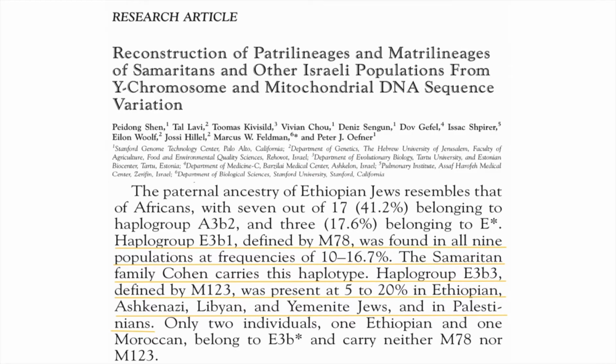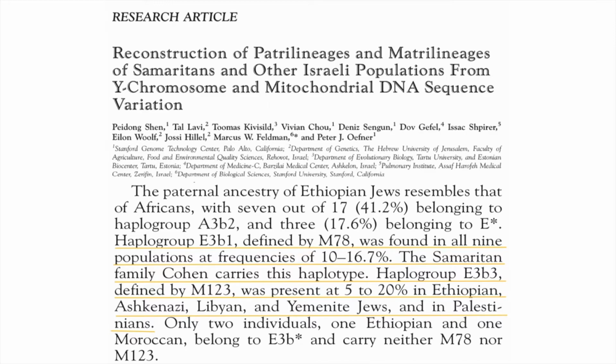And here's a paper dealing with it even more. Haplogroup E3b1, defined by M78, was found in all 9 populations at frequencies of 10 through 16.7%. The Samaritan family Kohan carries this haplotype.